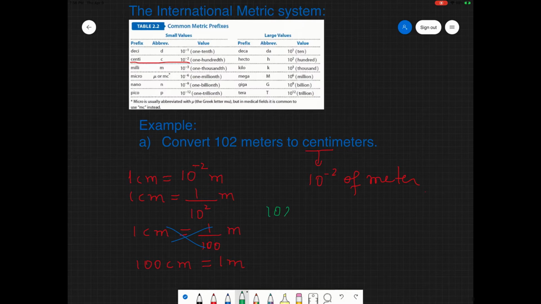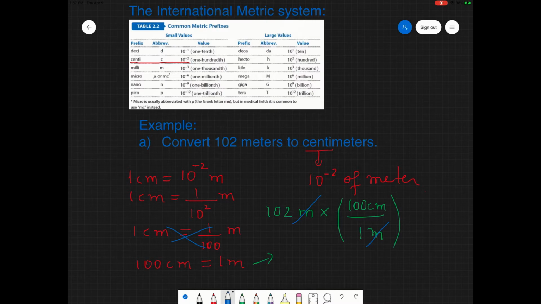Now, because we wish to convert 102 meters to centimeters, we're going to multiply this quantity by the conversion factor that has meters as a unit in the denominator, so that we remain in the computation with the leftover unit as centimeter. From the conversion factor, we see that 1 meter corresponds to 100 centimeters.